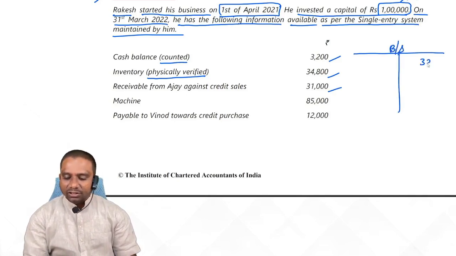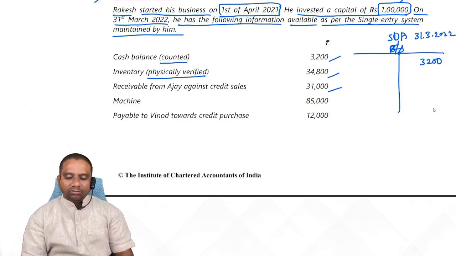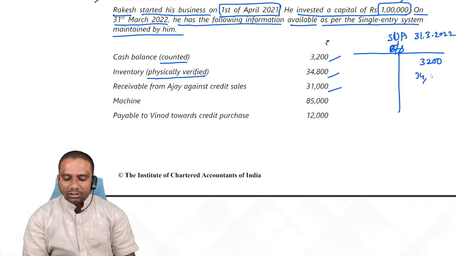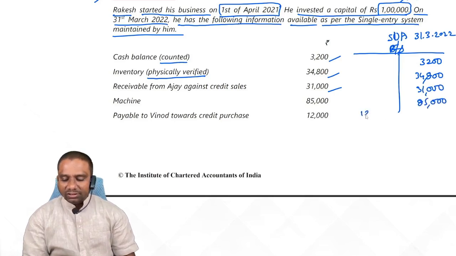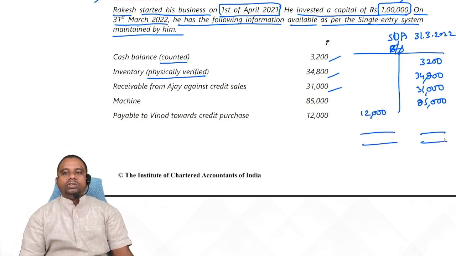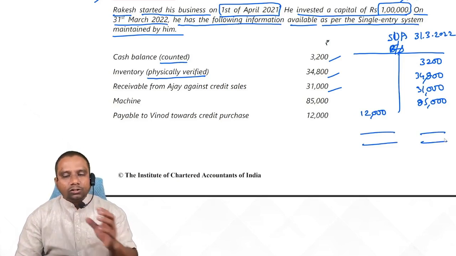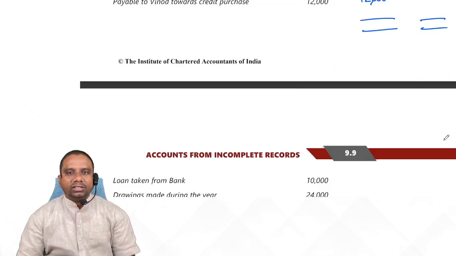The cash 3,200 asset, statement of affairs as on 31st March 2022. Inventory is an asset, 34,800, receivable 31,000, machine 85,000, payable to Vinod towards credit purchase 12,000, means liability. The difference is nothing but your closing capital. This closing capital is compared with the opening capital. Yes or no, students? Okay.